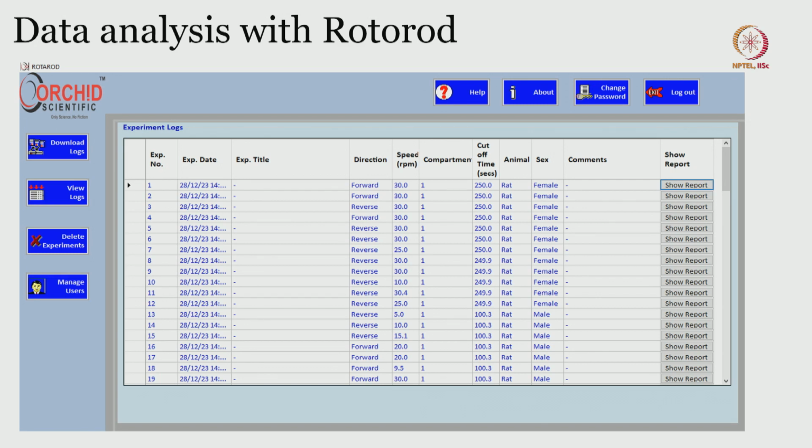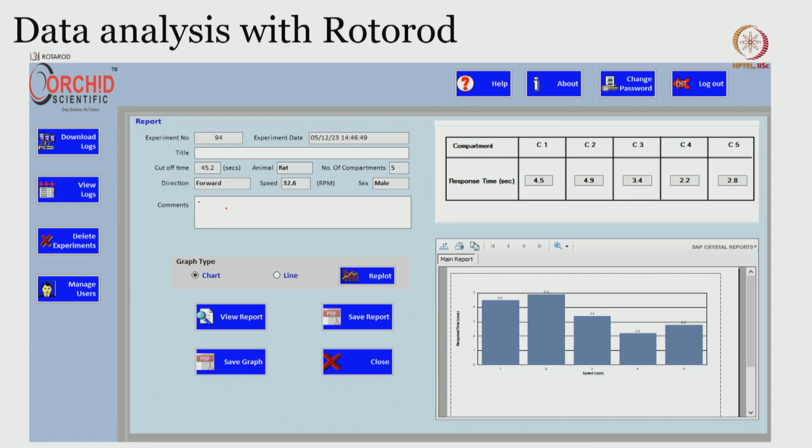records where you can give the direction, the identity of the animal, what sex it is, and which compartment you have placed the rat in, and of course the rotating speed that you have chosen for that particular trial, and then the experiment number and the date.